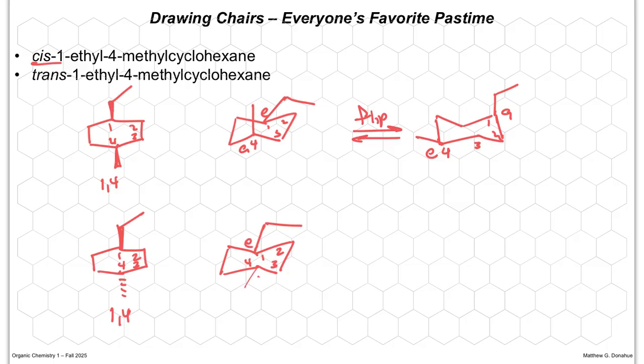So we have now 2 equatorials. So when we flip, they're both going to be axial. So the diequatorial one would be the predominant conformer for that pair.